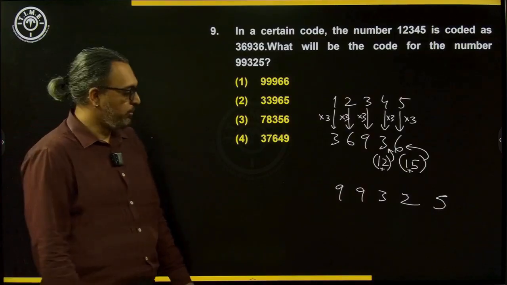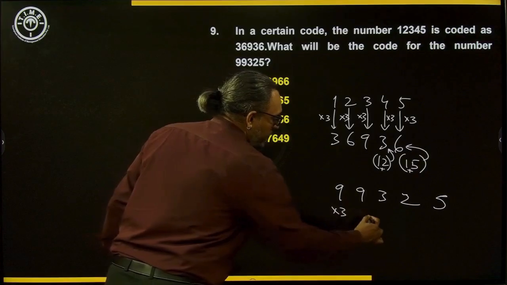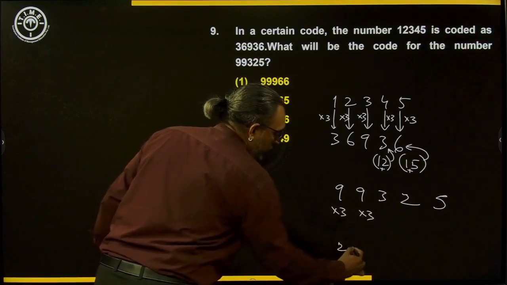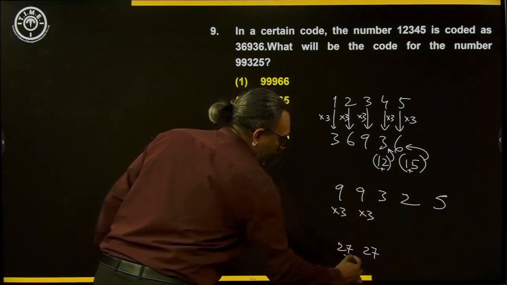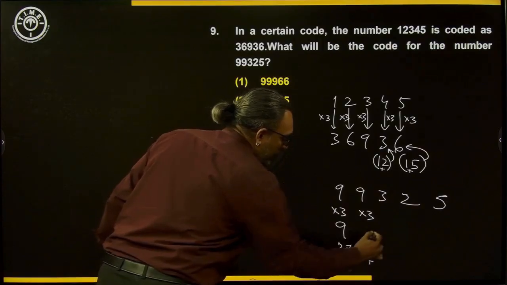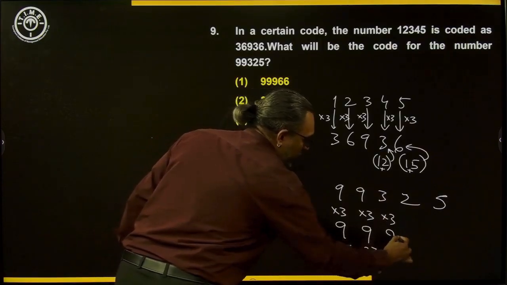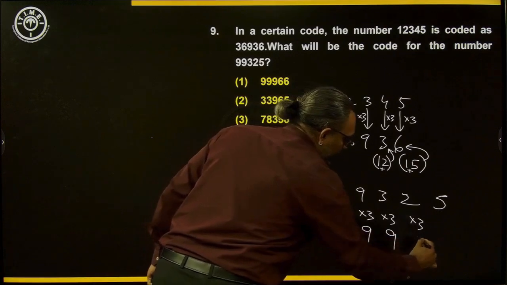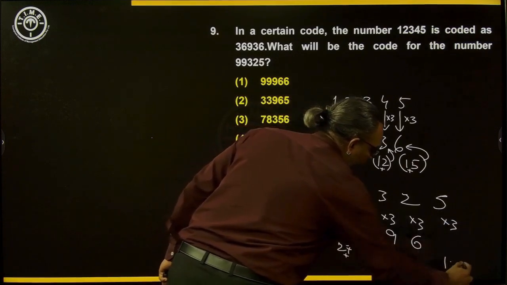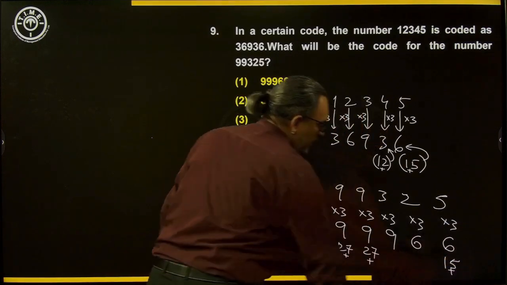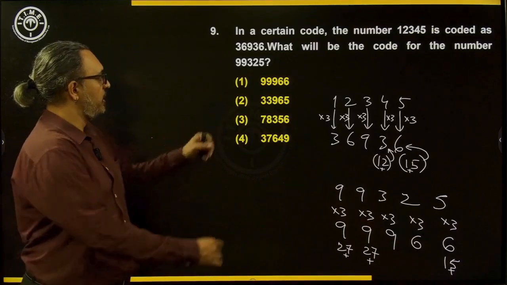So same way, 9 into 3, 9 into 3, you get 27, 27. By adding the two digits, you again get a 9 and a 9. Then 3 into 3, again a 9. 2 into 3, you get 6. 5 into 3, you get 15, and by adding, you will get 6. So it is 99966, and that's available in the first option.